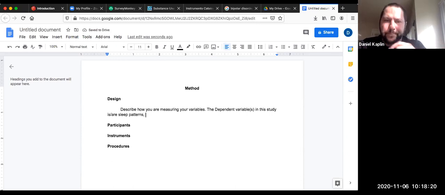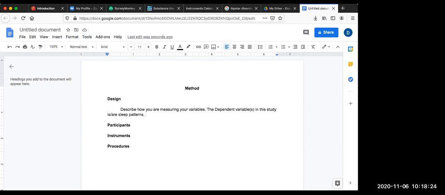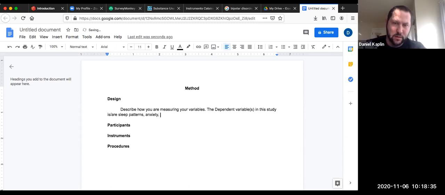Give me another one. Another was the anxiety or depression levels increased by the quarantine caused by COVID-19? Anxiety and depression, right? So these are your dependent variable.